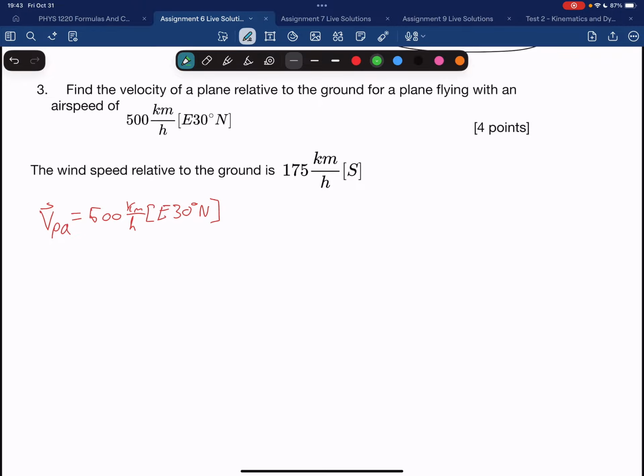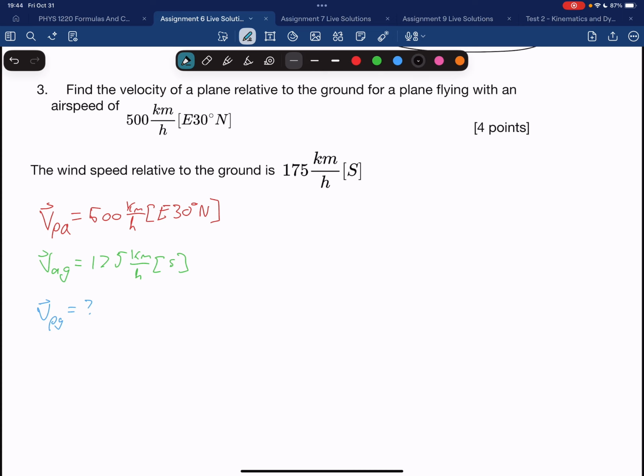Second, I know that the velocity of the air relative to the ground is equal to 175 kilometers per hour south. And what I'm looking for is the velocity of the plane relative to the ground, VPG.